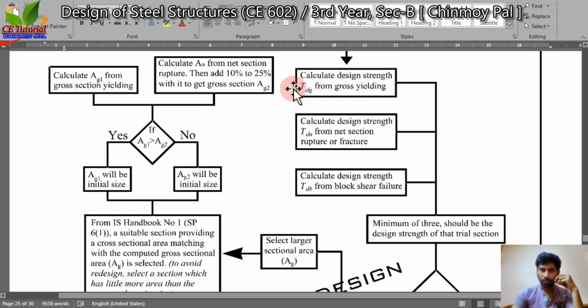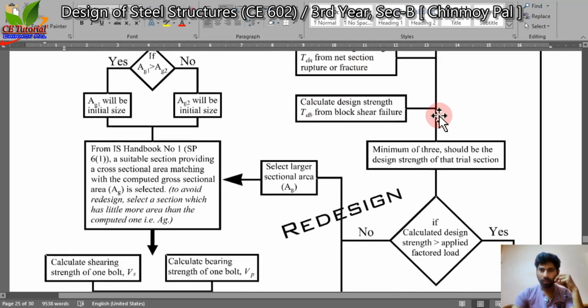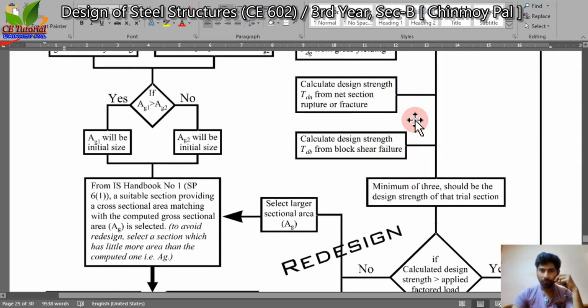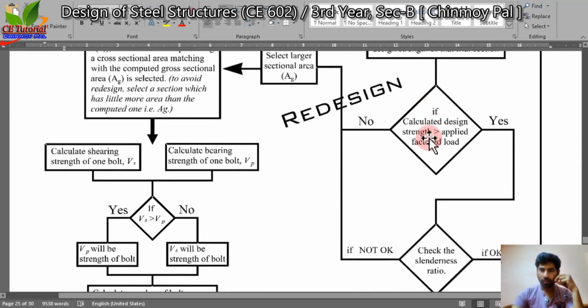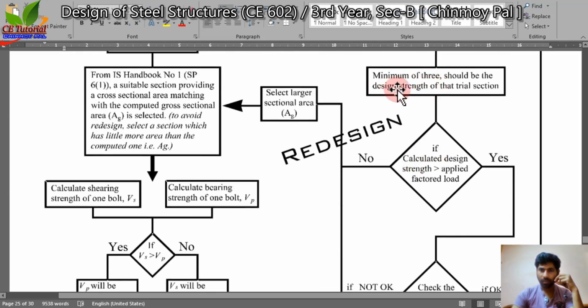Now from those three, Tdg, Tdn and Tdb, that means cross-section yielding, net section rupture and block shear failure, you have to calculate the actual design strength of this member connection, and after that you have to check whether this design strength is greater than applied load or less than.